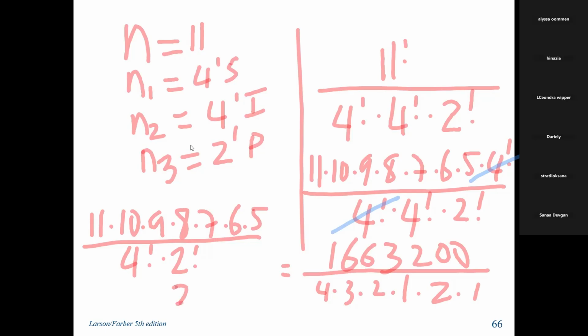So that will give you 34,650. Okay, 34,650 different ways you can arrange the word Mississippi. Got it? Okay.